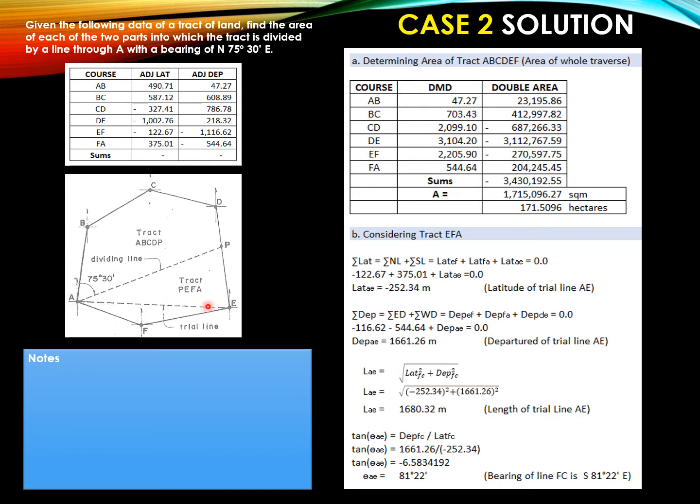So we now have the length, and after that, we got this bearing, the bearing of line AE, which is in the southeast direction.